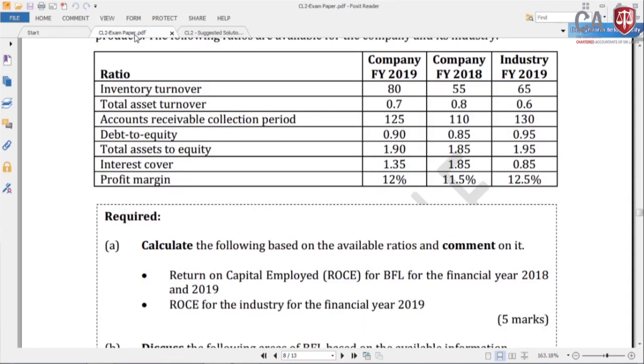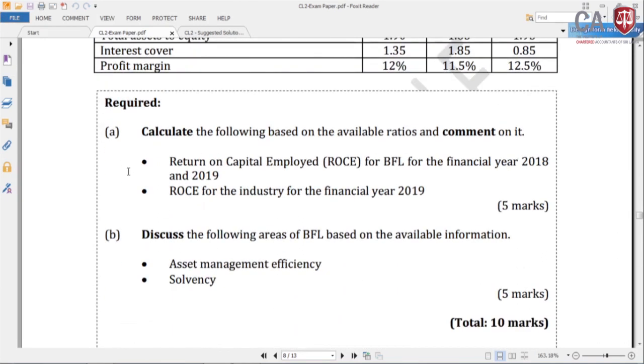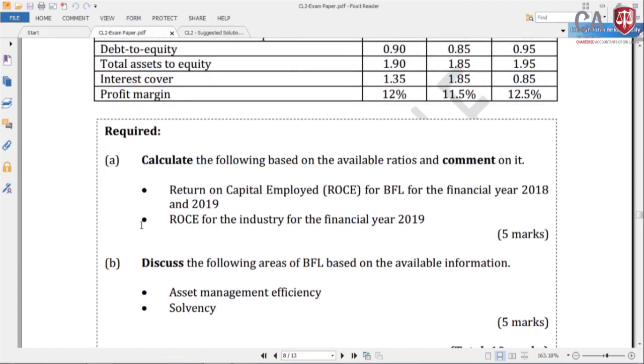We are now moving on to part B of the question. Discuss the following areas of BFL based on the available information: asset management efficiency, solvency.